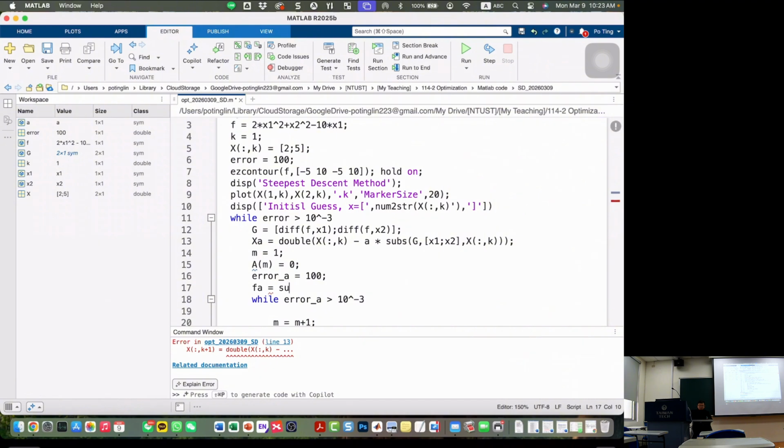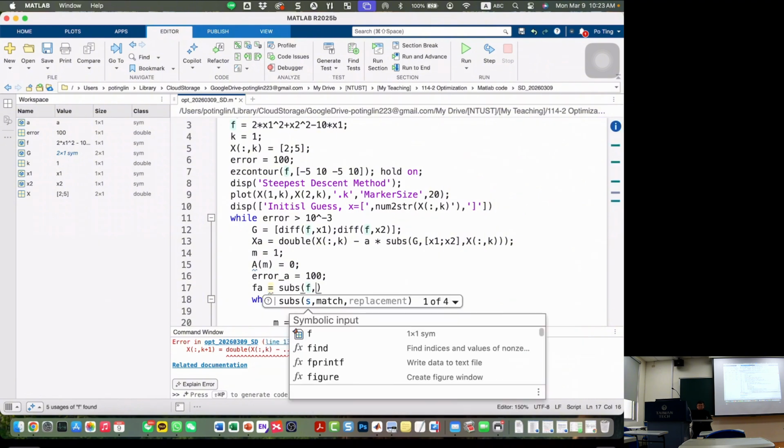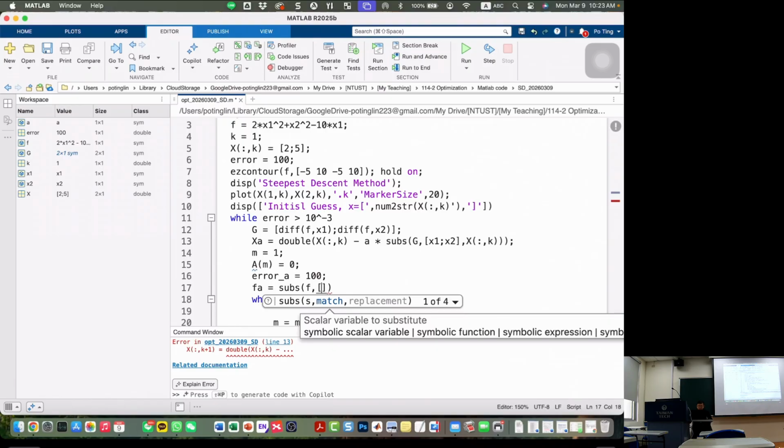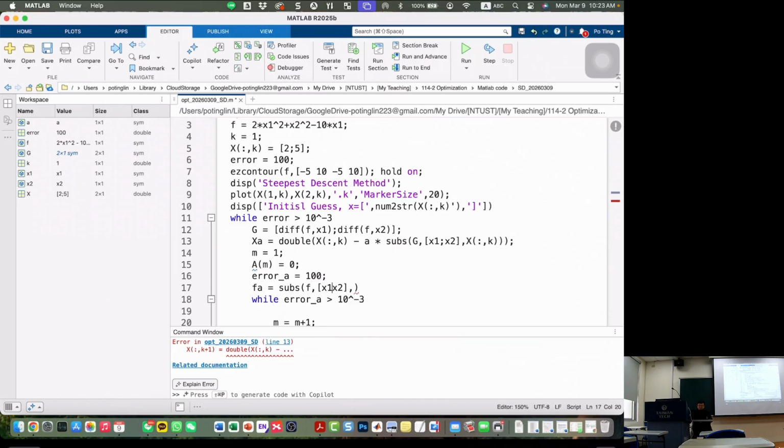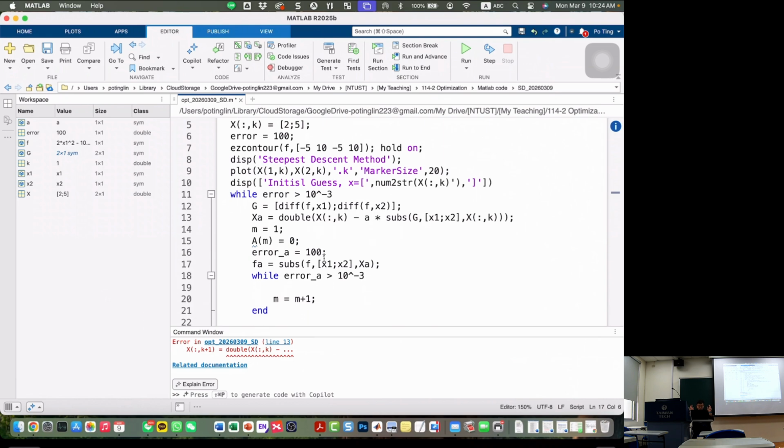Basically substitute into f, replacing x1 and x2 by the current x. The current x basically is the xa, right? So this is my current x, but with an unknown alpha. So I plug in here, and my f function becomes a symbolic f. So fa is a symbolic f with an unknown symbolic alpha inside.